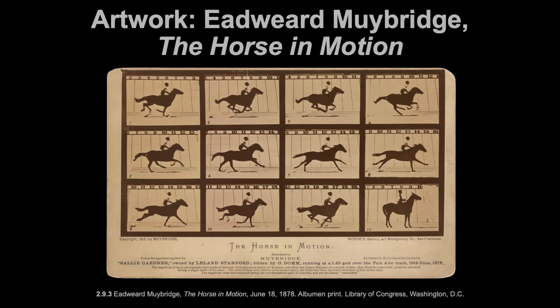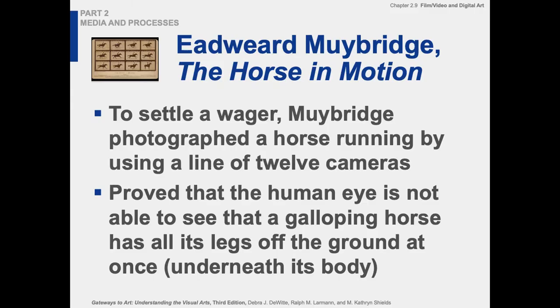Because he had a tripwire for the horse to hit, and within a second he took 16 images per second, if that makes sense. So he settled a wager, and he used 12 cameras in this case, but there are other images where he did the 16, but that's why we have 16 frames per second. Originally, now we use 24.